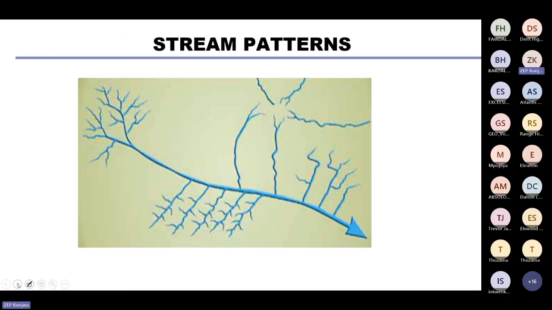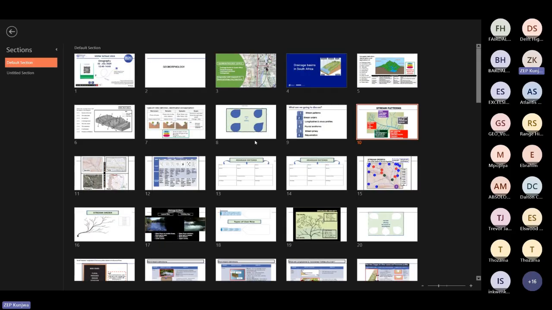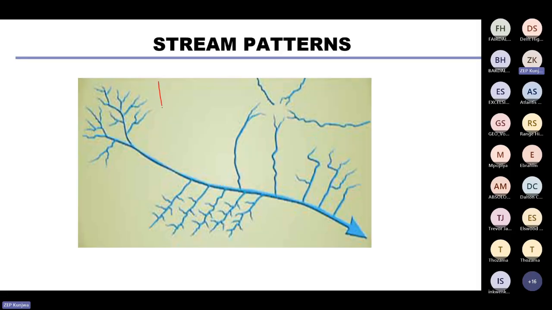Okay. Now, this diagram here is showing you multiple stream patterns, of which the first one is this one. I'm going to highlight it for you. The first one is that one there. You can see the second one.